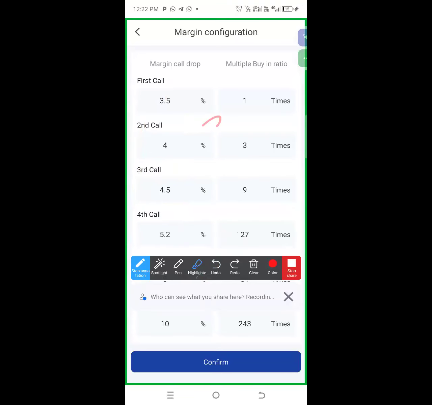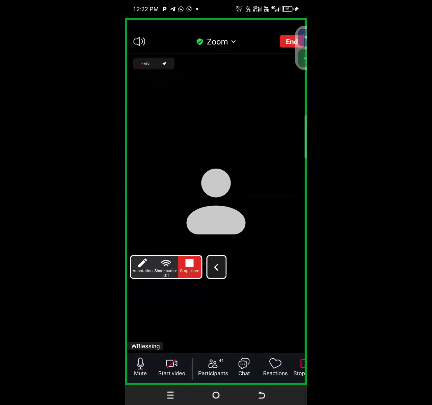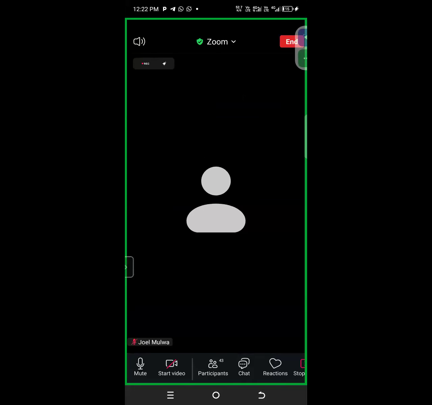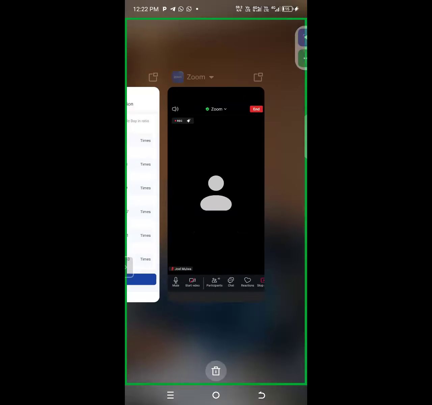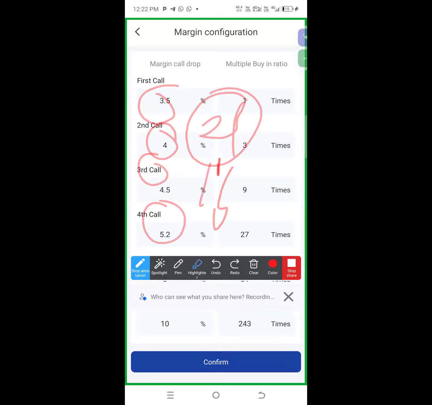Even though our total drop may be 24, from the first, second, third, and if possible, the fourth call, the gap shouldn't be too wide. If there should be any gap, it should be at most 1% wide.